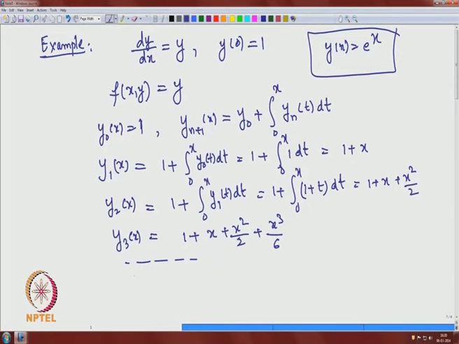You can see y_n(x) is the summation of x to the power m by m factorial, where m goes from 0 to n. So, as n goes to infinity, this goes to e to the power x, as we expected.